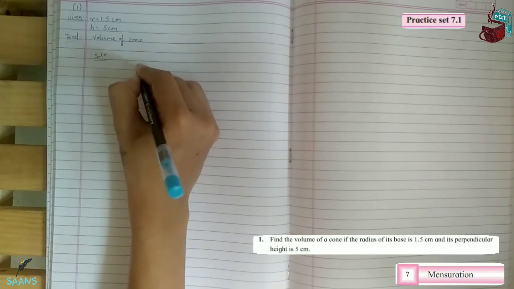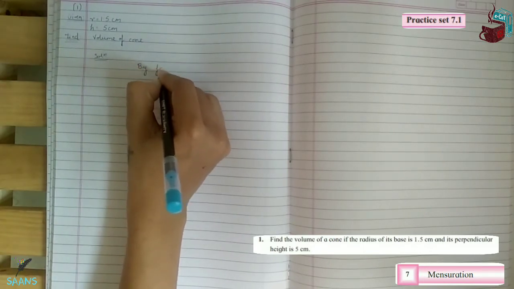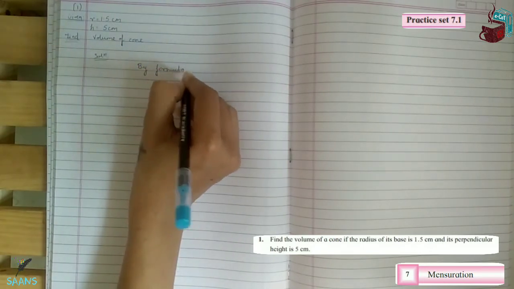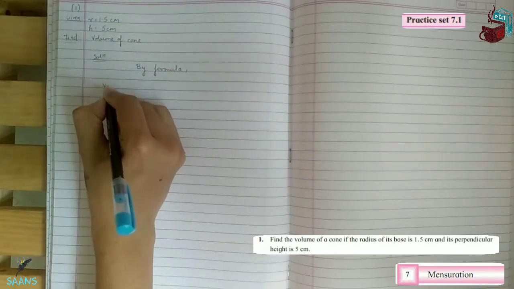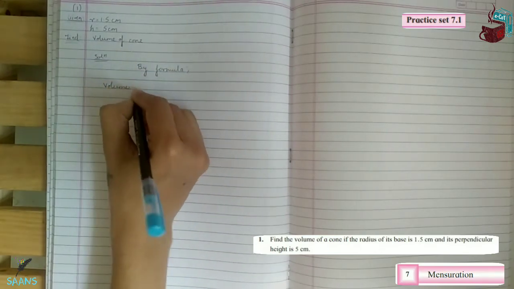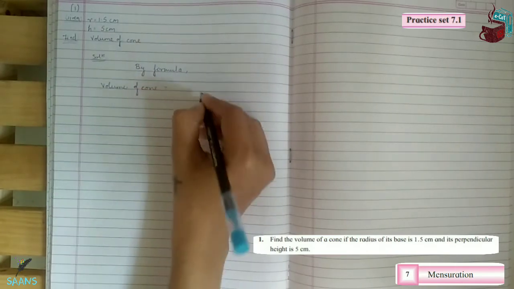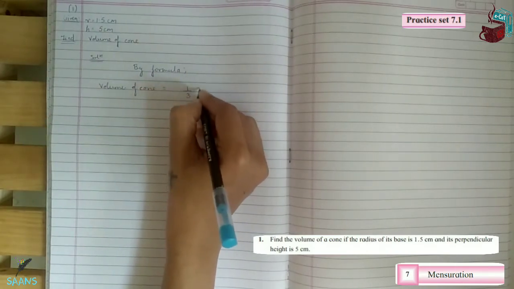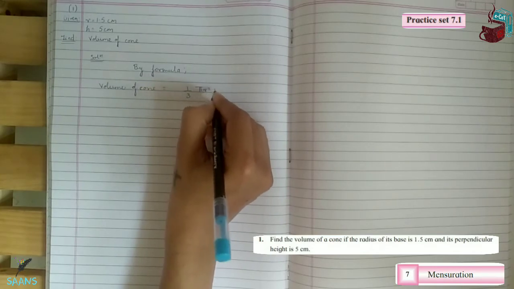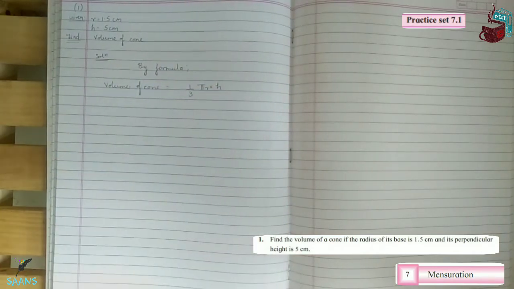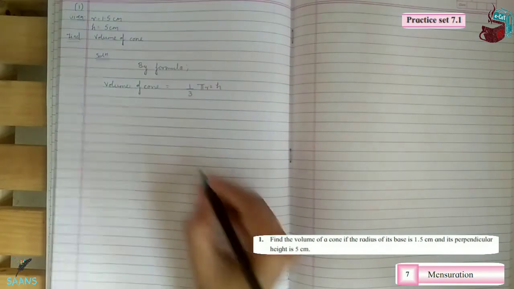Therefore, by formula, volume of cone is equals to 1 by 3 pi r square h.